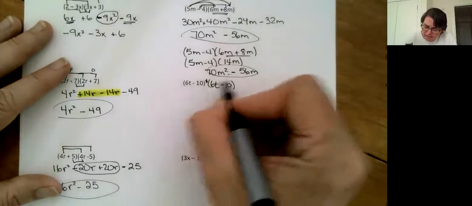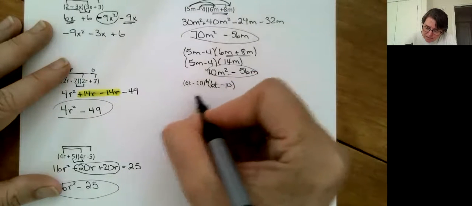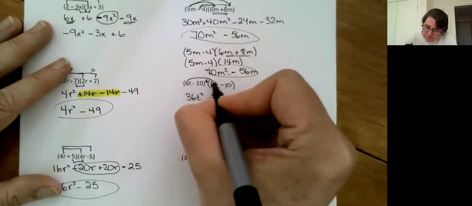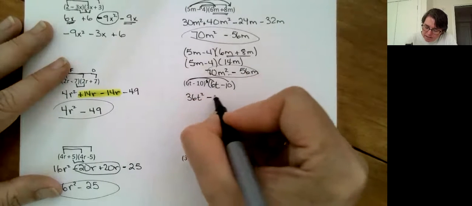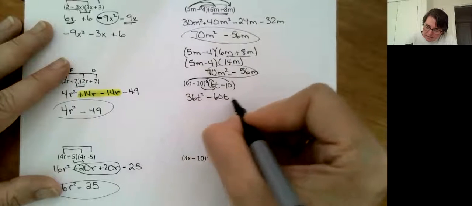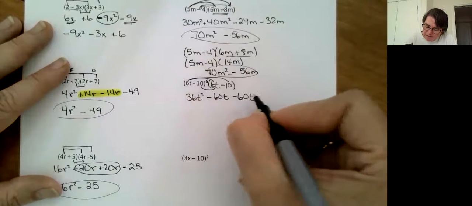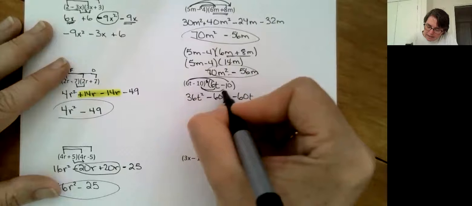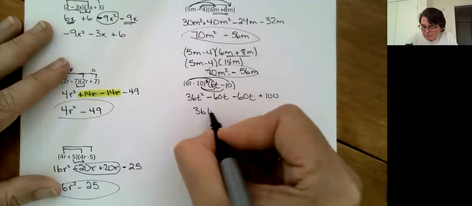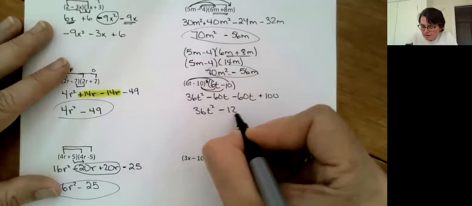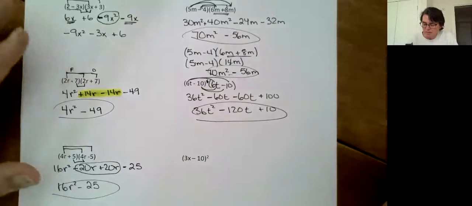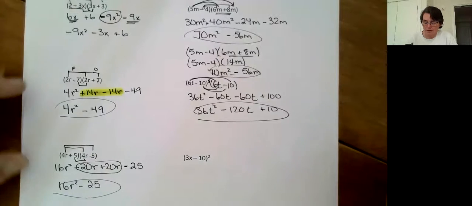Let's just do it. You just rewrite it and away we go. 6t times 6t is 36t squared. Outsides minus 60t. Insides minus 60t. And last, plus 100. So 36t squared minus 120t plus 100. Boom, done. See, not so scary.